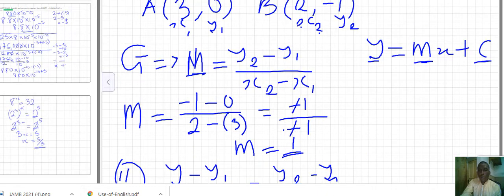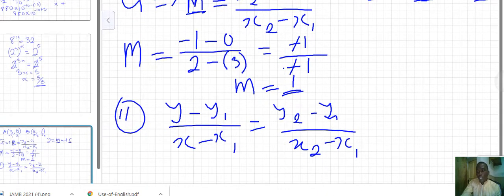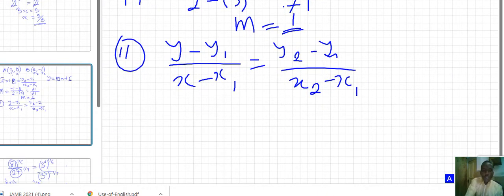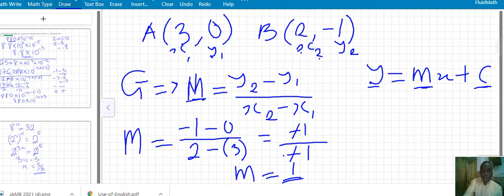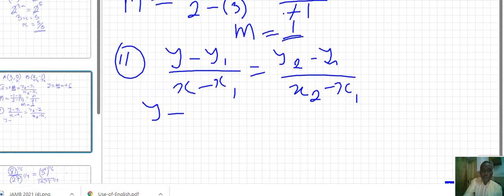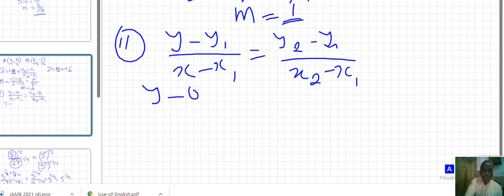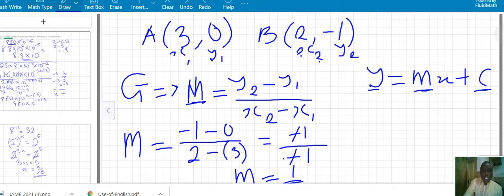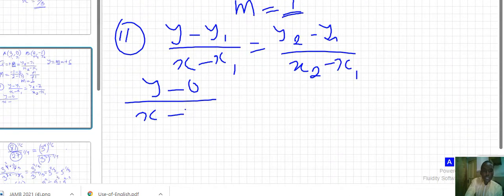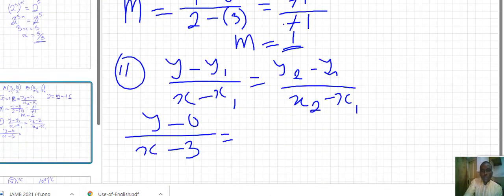Now, if we fix the parameters, we are going to get a value. We're going to get our y minus y1. Remember, our y1 is 0. So y minus 0 all over x minus our x1. Our x1 is 3, so x minus 3. And that will be equal to y2, which is minus 1.